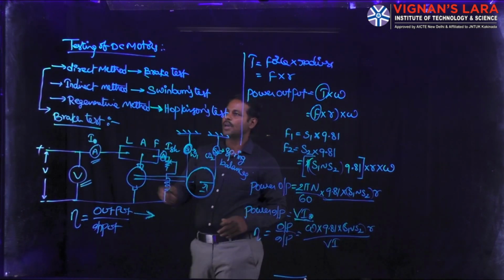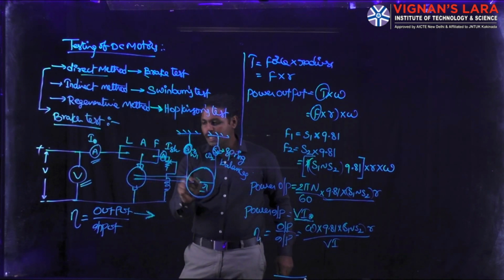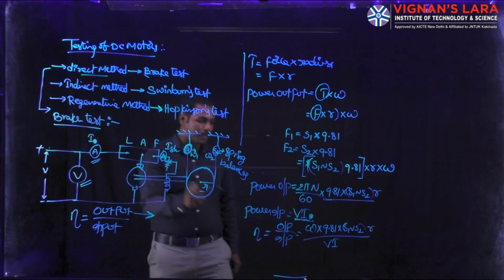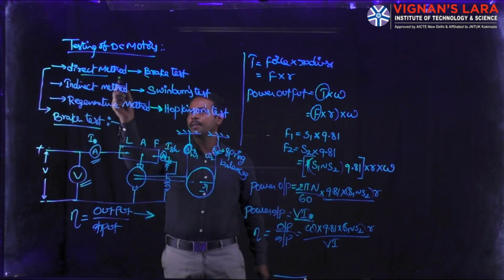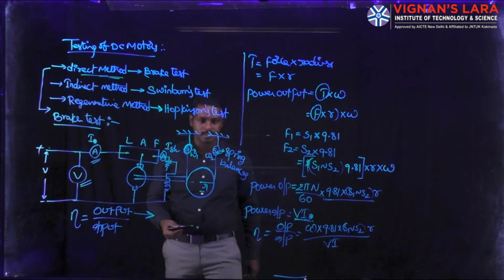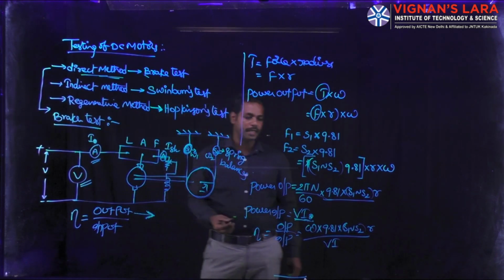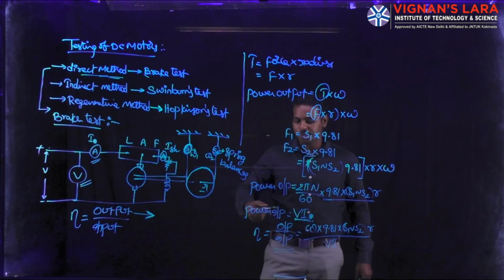That's why it is called a direct method. The load is directly applied on the motor, then only we can find out the efficiency of a motor. So it is called direct loading or direct method, which is used for the brake test. Based on these equations, we can find out the efficiency of a motor.